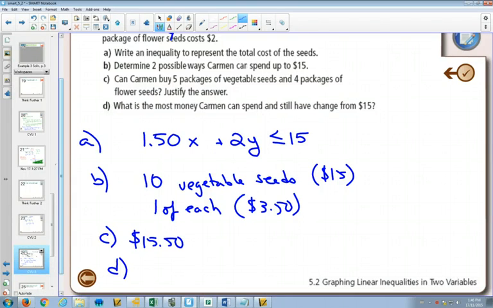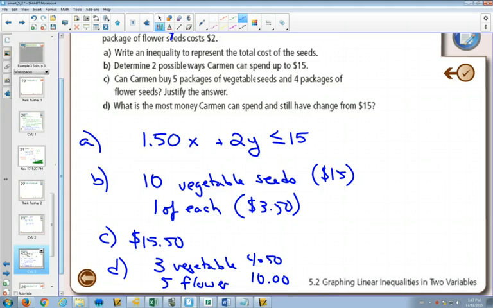Can you give me an example of how you could spend? Three vegetable would cost you $4.50, and then 5 flower would cost you 10. So that would cost her $14.50. She would still have change.